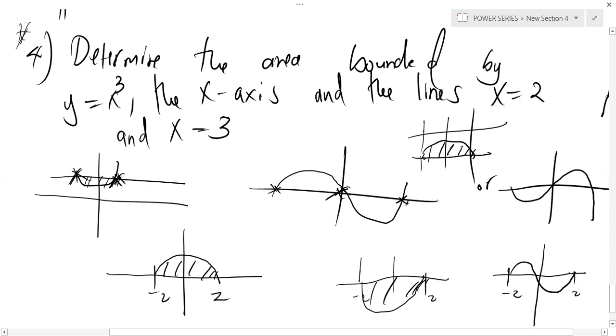Let's say I have another area like this. Point of intersection still -2, 2, but these are totally different areas. So the sketch is very much important. It will show you you're integrating from here to here, and from here to here. Very important so that you're able to see the area. I hope we are together, Ndumu.